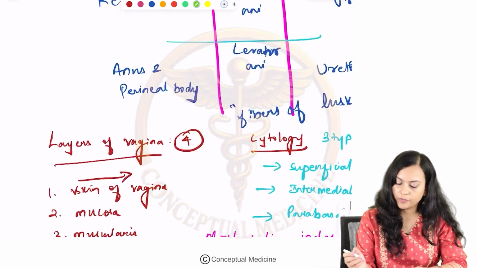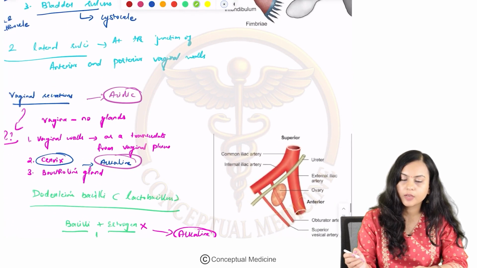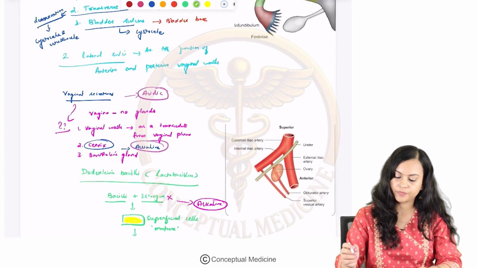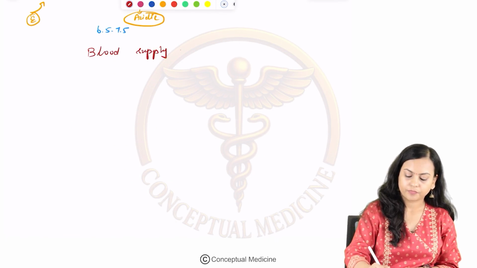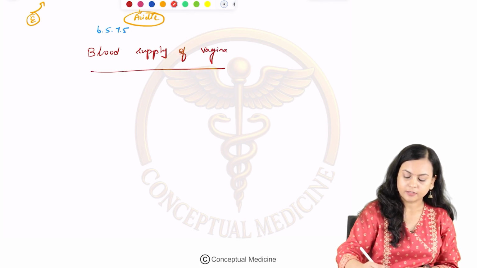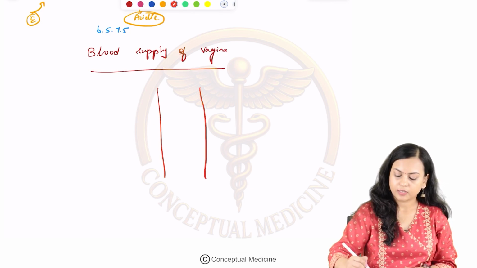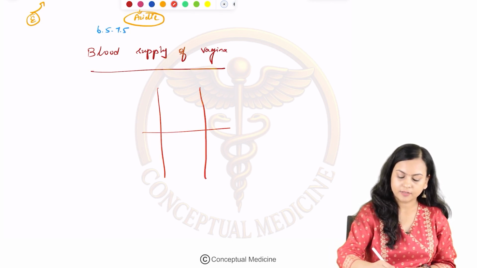So this is all about the vagina. Now we will see the blood supply of the vagina. We will divide the vagina into two parts.